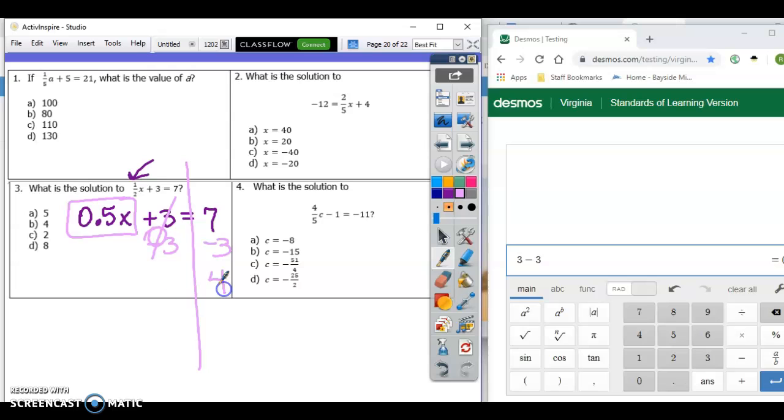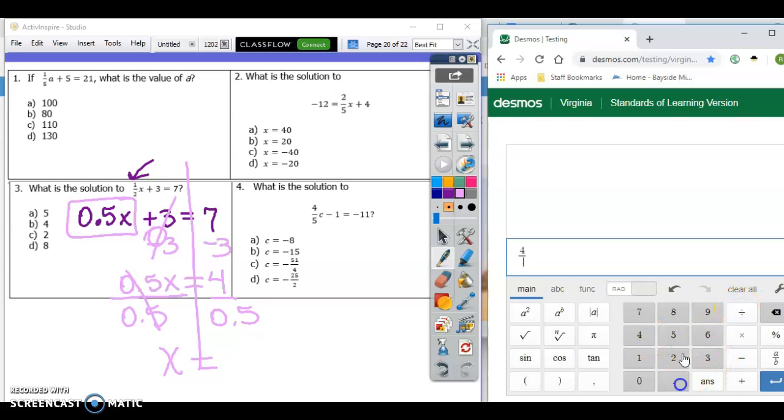7 minus 3 is 4. And now I have 0.5 times x. The opposite is divide by 0.5. And I have x equals 4 divided by 0.5. And I get 8.